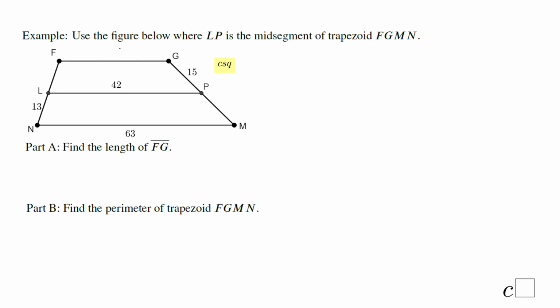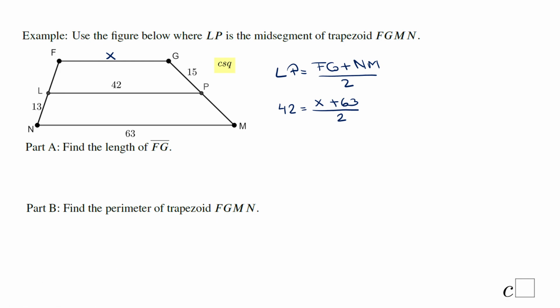So now let's call this one X, and LP will be the average of FG and NM, the bases. So in this case we have 42, how long LP is, equals FG, do you remember I call it X, plus 63 over 2. So we have an equation, and how do we solve this one?